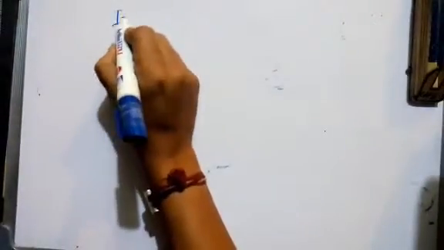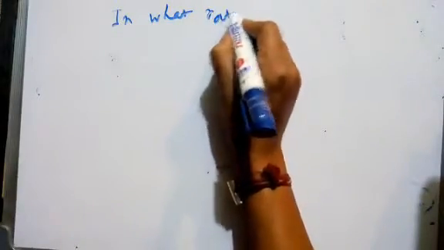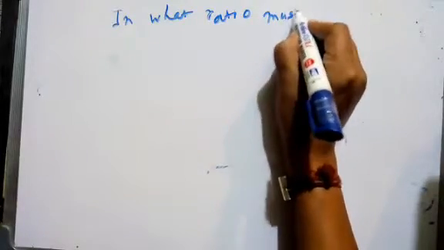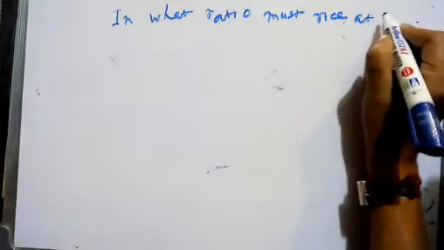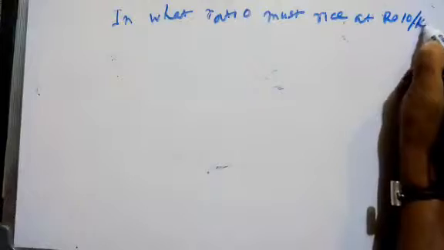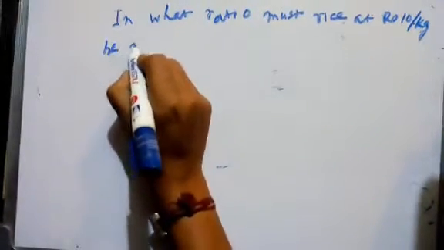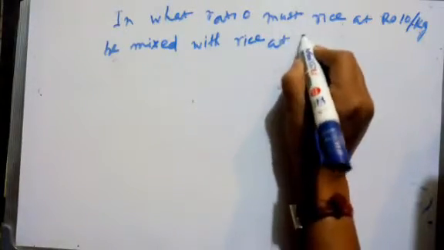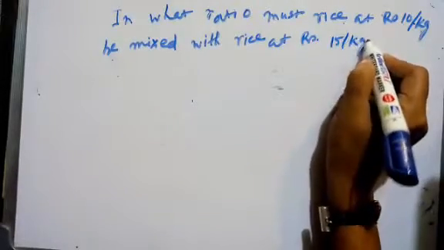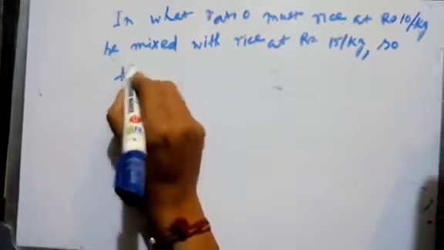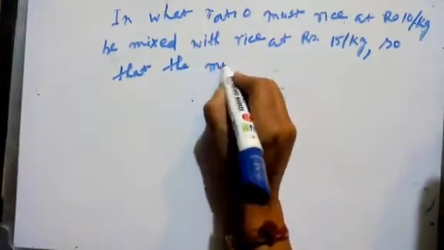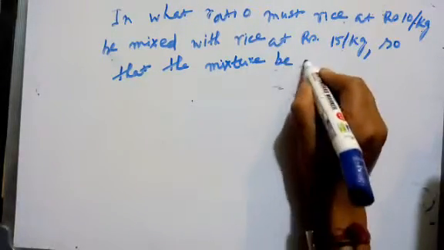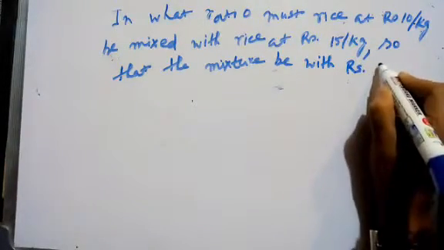Our first math: in what ratio must rice at rupees 10 per kg be mixed with rice at rupees 15 per kg so that the mixture will be worth rupees 12 per kg?